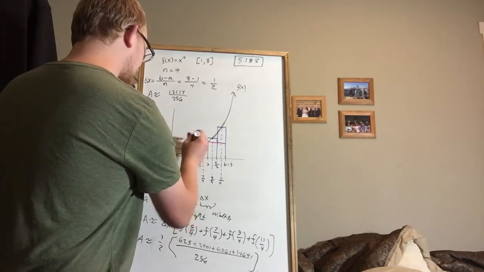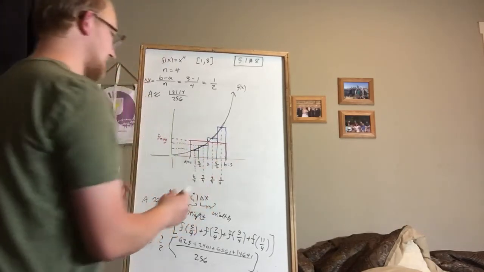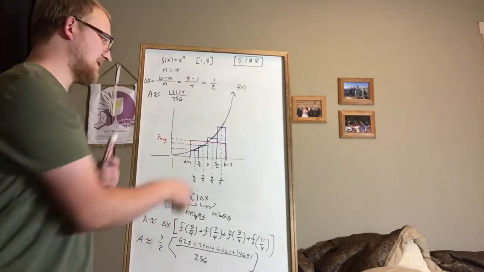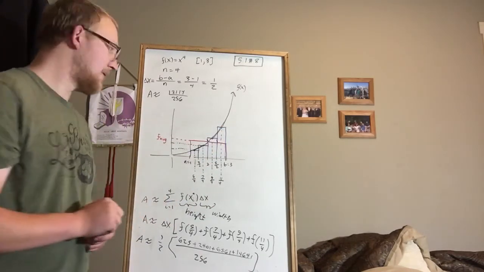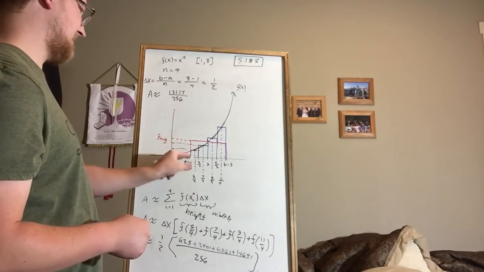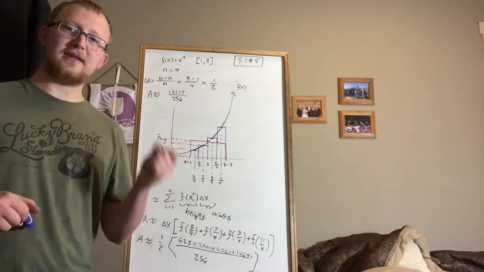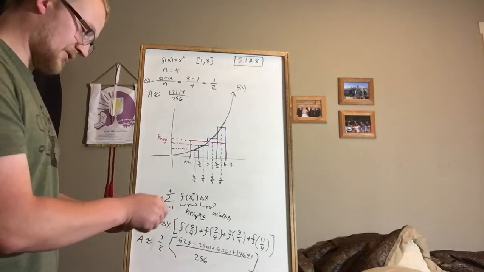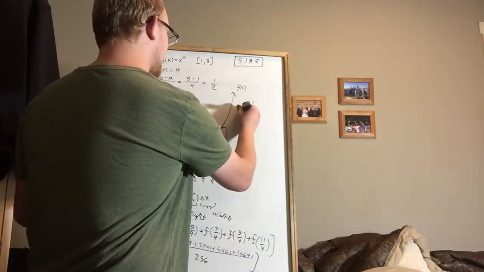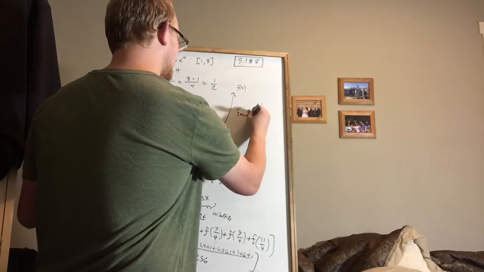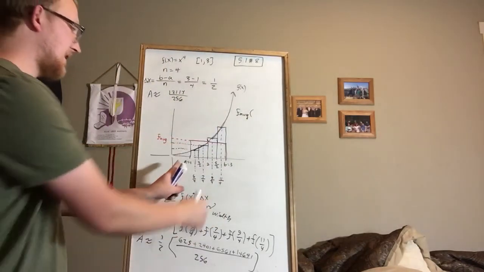Well, what if I looked across the same interval? So we can see here that all of these blue rectangles added up, and this entire red area, what if we made those equal to each other? So in other words, we're saying, what if we take f average, which is the height here, times the width.